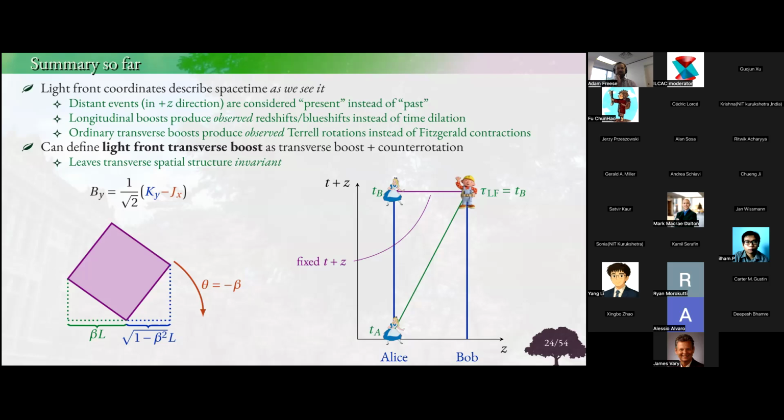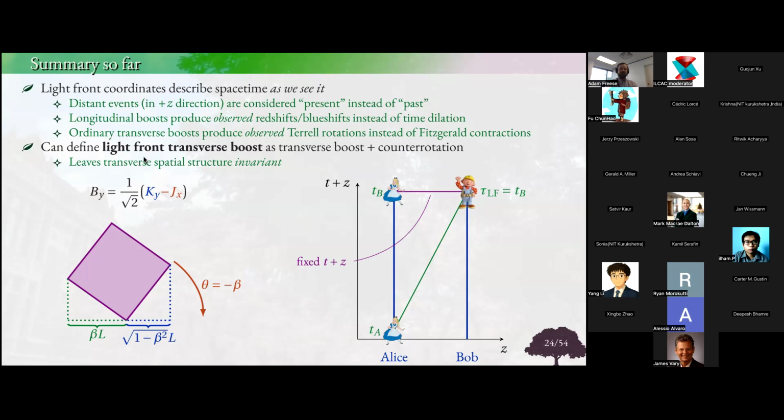Longitudinal boosts produce observed redshifts and blue shifts instead of time dilation when you apply the formulas for how longitudinal boosts transform things in the light front. And what we would normally call a transverse boost produces the observed Terrell rotations instead of Fitzgerald contractions.